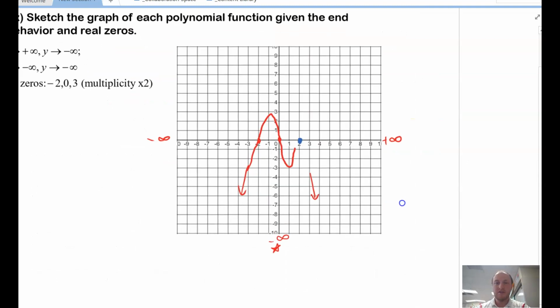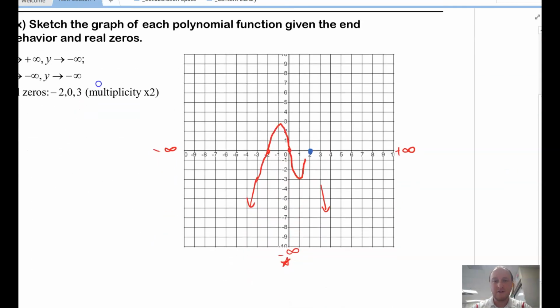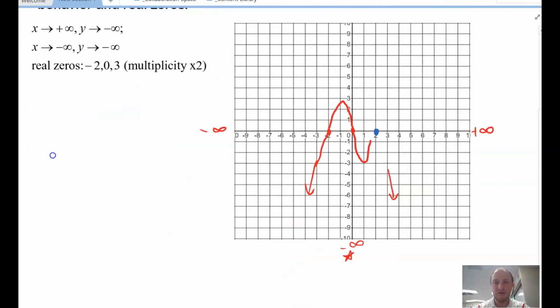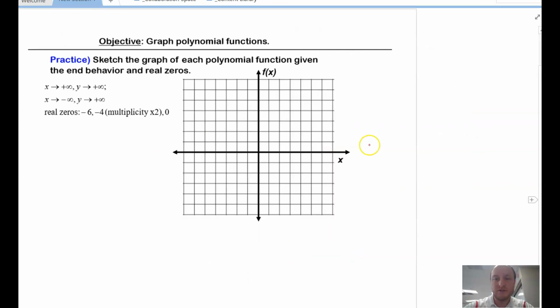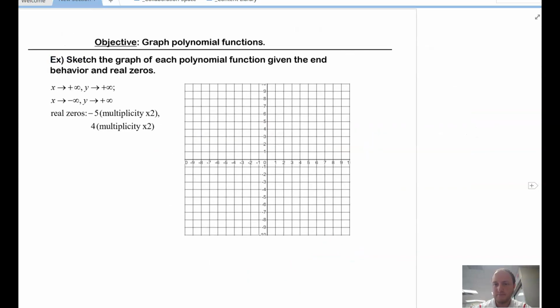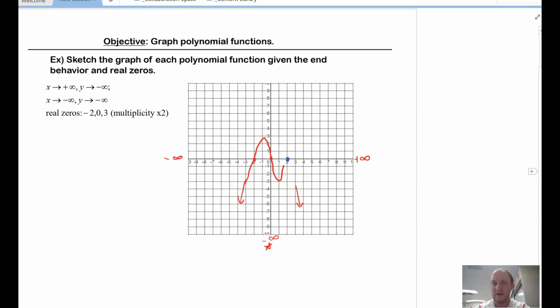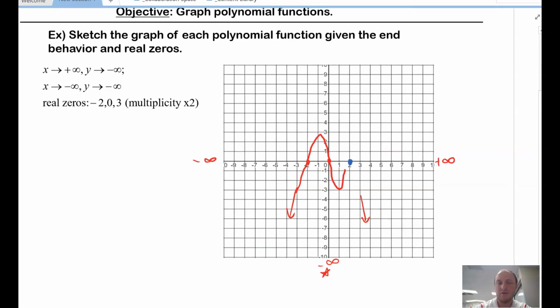So as I approach this zero, if there's multiplicity, I touch this point and I head back in the same direction. I don't pass through it. I just bounce off of it and head back down.